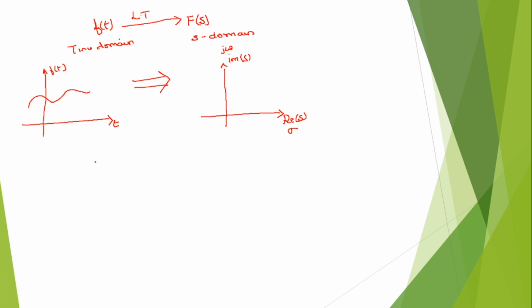From the basics, if f of t is a time domain function, then the Laplace transform of f of t, see here the notation L of f of t, indicates the Laplace transform of f of t, denoted as capital F. Lowercase letters represent time domain functions, and uppercase letters represent s domain functions. The Laplace transform of f of t equals F of s equals the integration from 0 to infinity of f of t e to the power minus st dt.